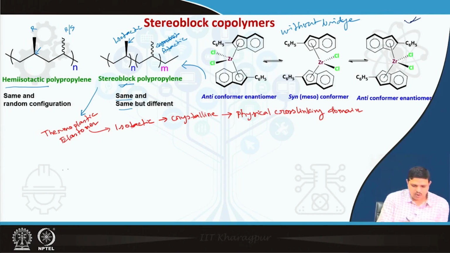Let's see what kind of stereoregularity we will get. Let's take a small chain of the polymer and try to understand what tacticity we can get, using this line diagram.